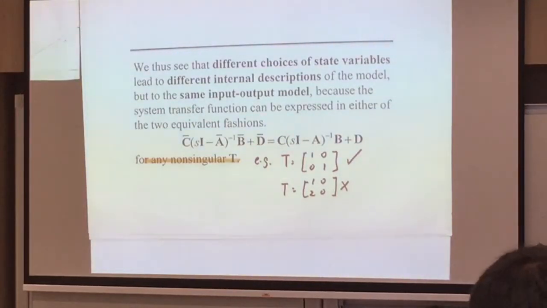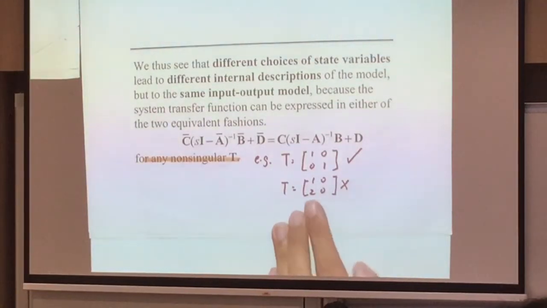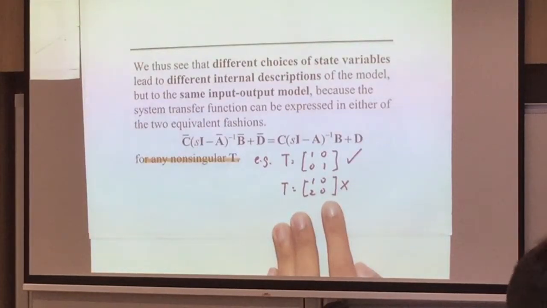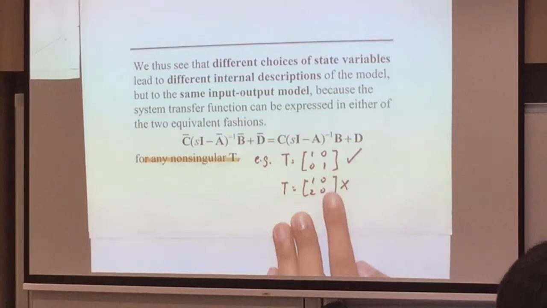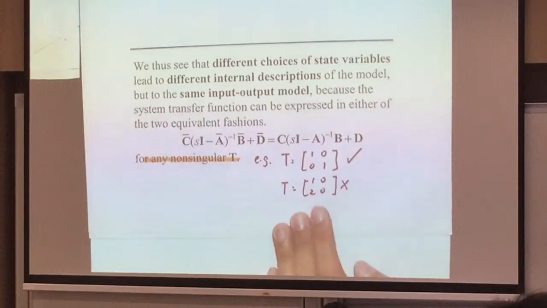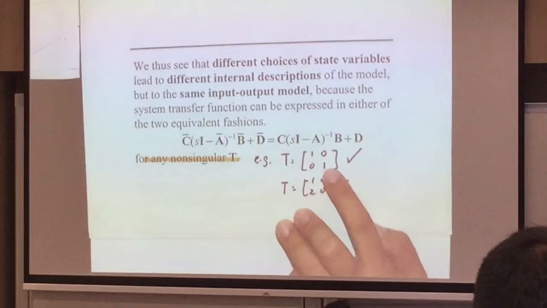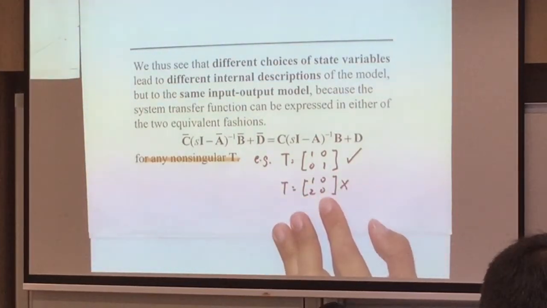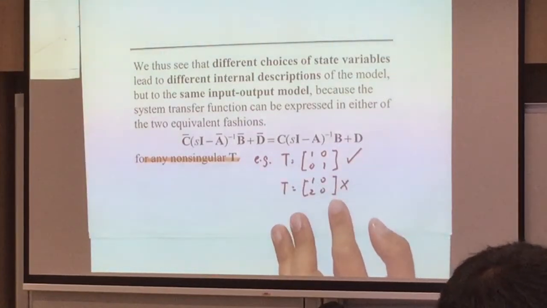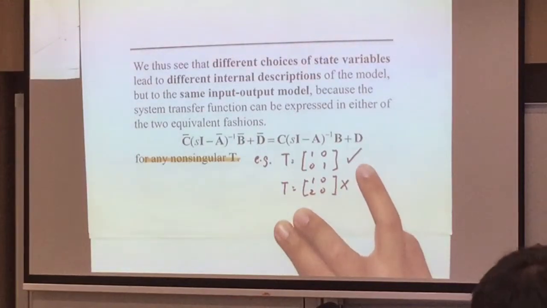You can see that row 2 is just 2 times row 1, so the states will not be independent. This is the meaning of non-singularity. The identity matrix has a rank of 2. The matrix [1 0; 2 0] has a rank of 1, which is less than the original order. So this is singular, and the other is non-singular.